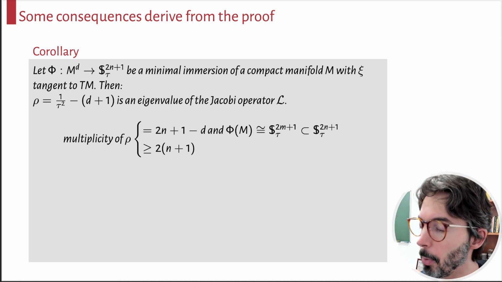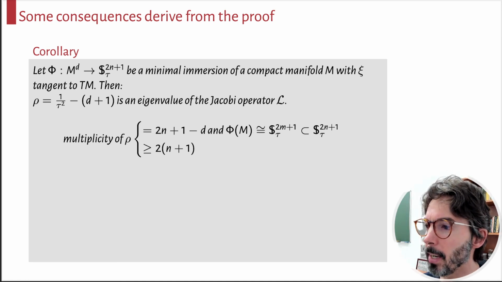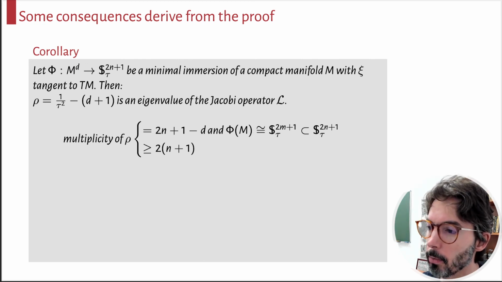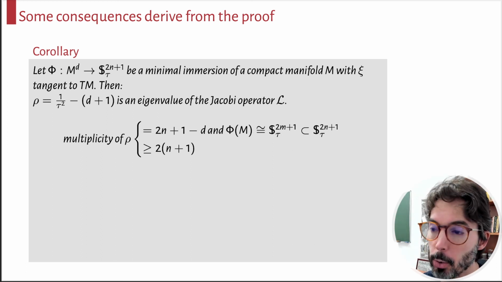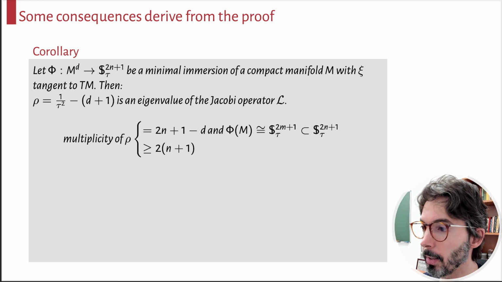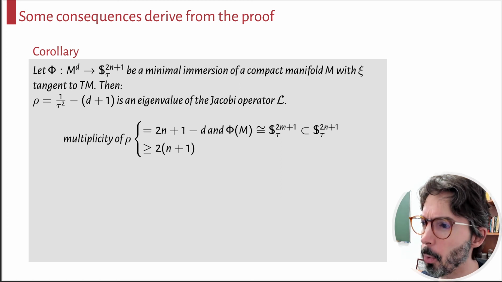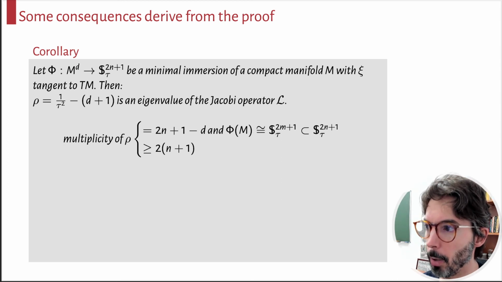Moreover, the multiplicity of this eigenvalue is at most the codimension, 2m plus 1 minus d, and in such case the immersion is actually a totally geodesic Berger sphere of dimension 2m plus 1, or that multiplicity is bigger or equal than twice m plus 1.